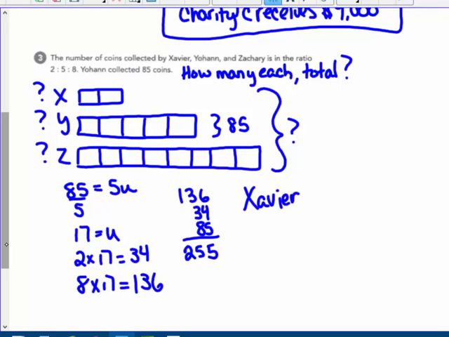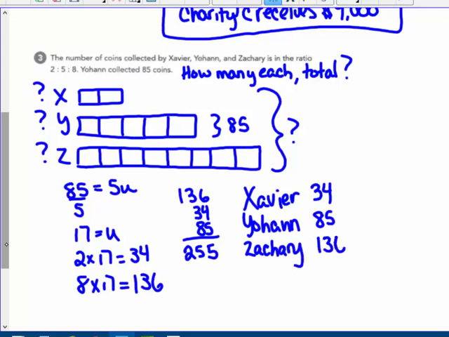Xavier was the 2, which is 34. Johann was the 5, which was 85. We knew that. And Zachary was the 136.